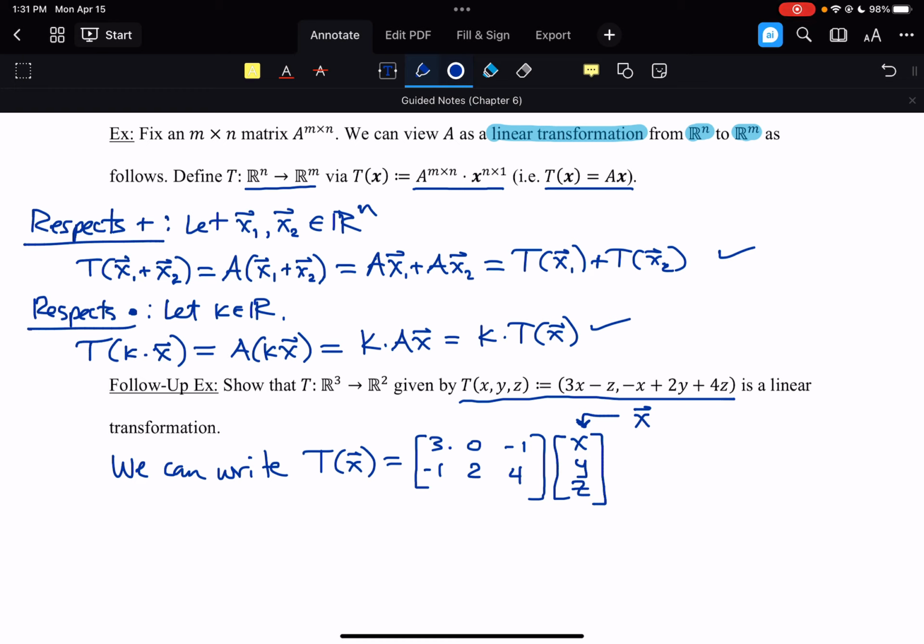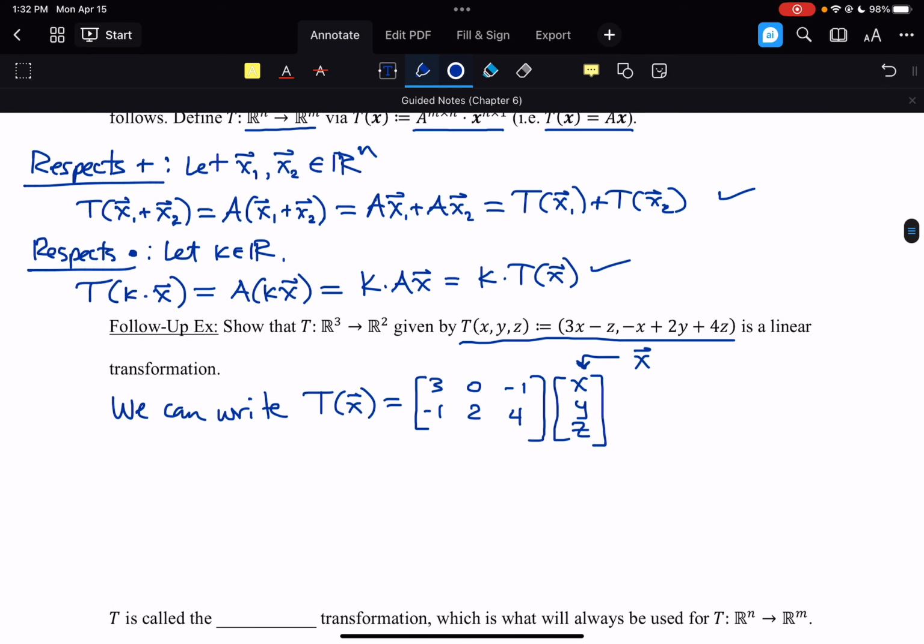And you can see, right, 3, 0, -1. If we go row to column, we get 3x, 0y, -z. If we go row to column, we get -x plus 2y plus 4z. This matrix multiplication perfectly gives us this relationship, right? You input the x, y, z here, you get out this vector by running this matrix multiplication. So this does have the proper form, and it does give us the same type of result.